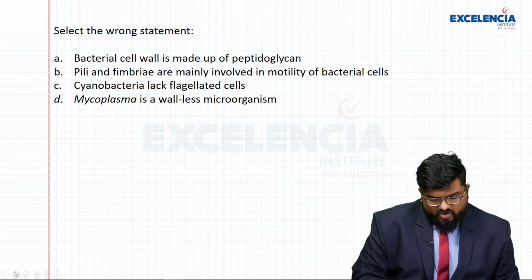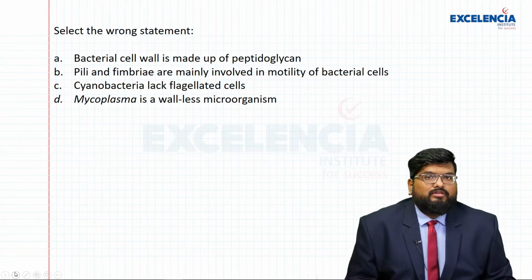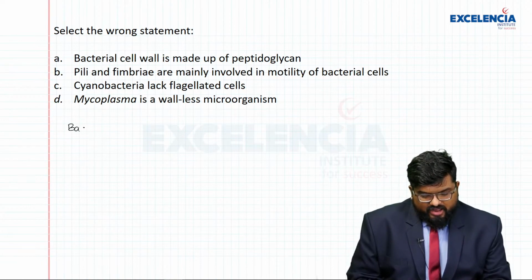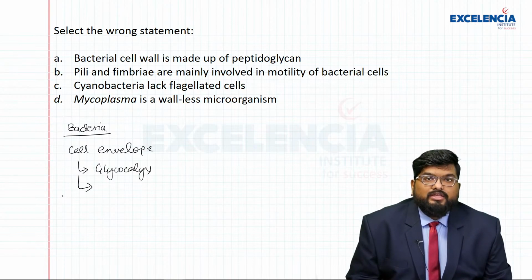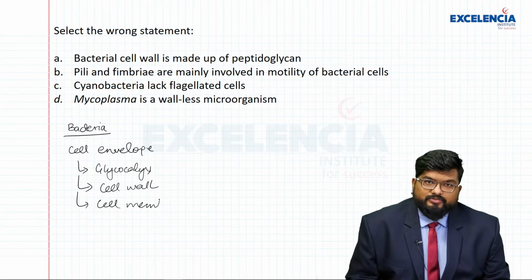Now select the wrong statement. They say bacterial cell wall is made up of peptidoglycan. Is it? Yes, it is. Recall that bacteria have something which is called the cell envelope. In this cell envelope we have the outer glycocalyx, then inner to the glycocalyx we have the cell wall, and inner to the cell wall we have the cell membrane, isn't it?